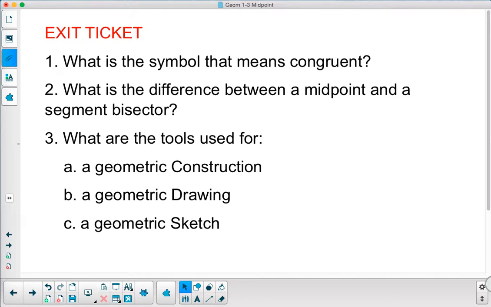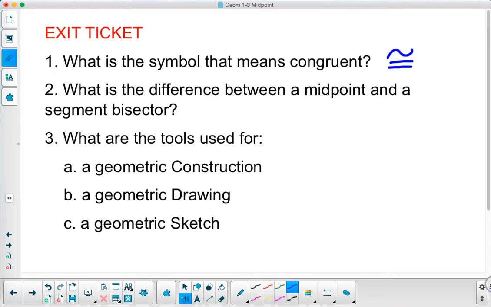All right, so some thoughts for an exit ticket to make sure that you understood certain important parts on the lesson. So think through these 3 questions. So the type of answers you should be getting, the symbol for congruent was the equal sign with that tilde on top.